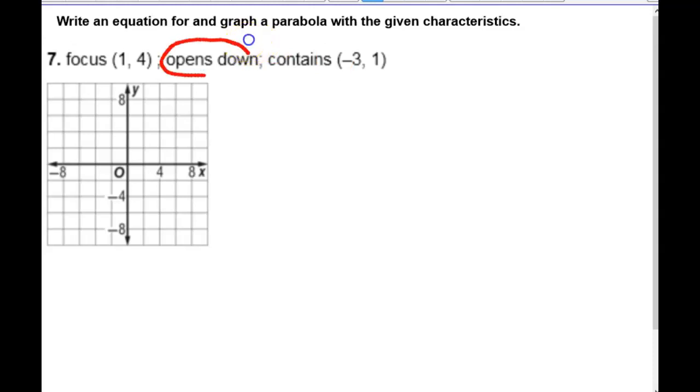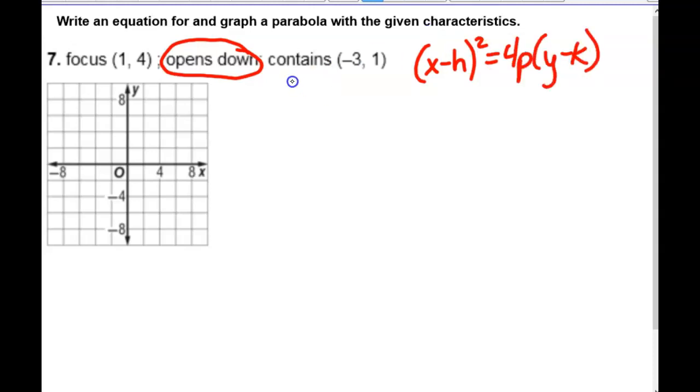Okay, when it opens down, oh, it is. If it opens down, I'm looking for x minus h squared equals 4p times y minus k. And the focus is at 1, 4, where the formula for focus when it opens down is h comma k plus p.